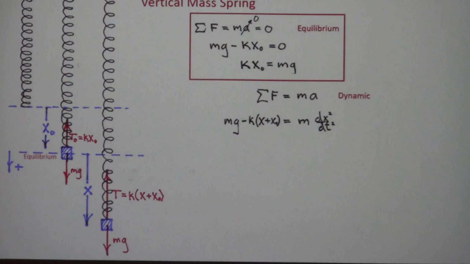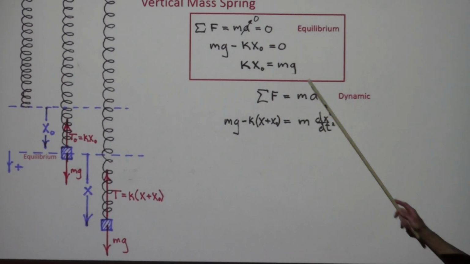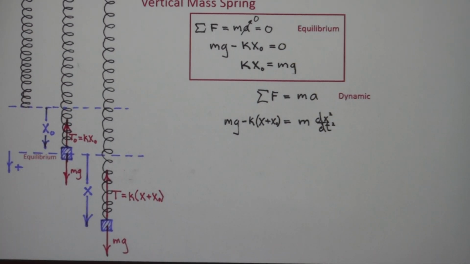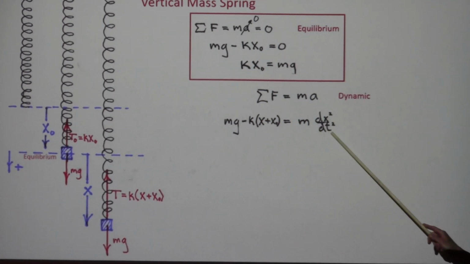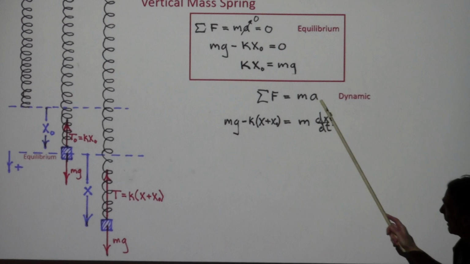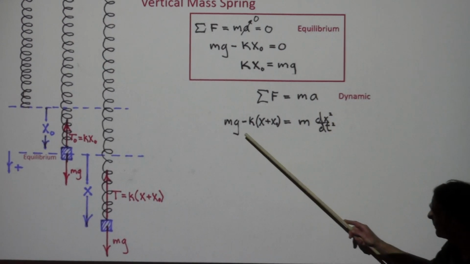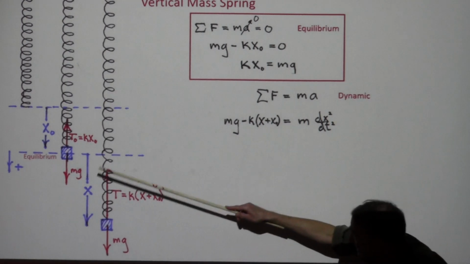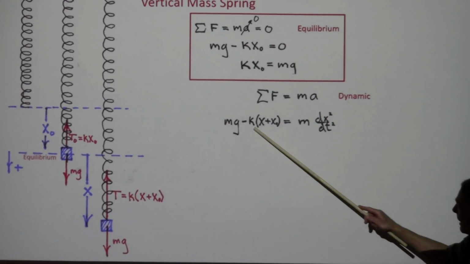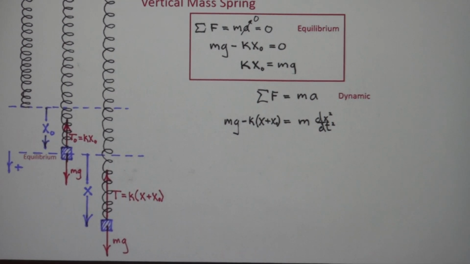Okay, in the dynamic sense, we just use F equals ma. We're not setting it equal to 0. We're going to let this thing move. For ma, again, we'll use the second derivative with respect to time for acceleration. The sum of the forces is going to be mg, I'm calling down positive, minus k times (x plus x naught).